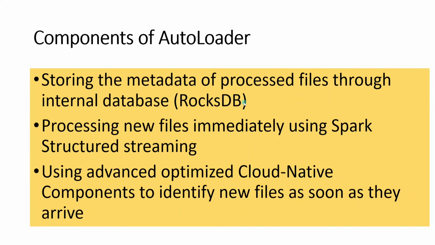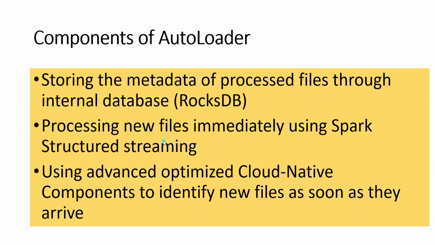The second component is that, in order to process the incremental data, it uses the Spark structured streaming concept. Spark structured streaming processes the incremental data, but it has a performance bottleneck with file listing when handling huge amounts of data. That is actually eliminated with the help of the first and third components.